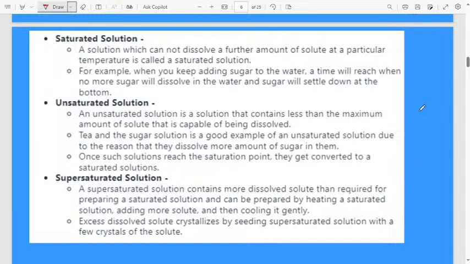Next, let us study in detail what is meant by saturated solution, unsaturated solution, and also supersaturated solution. Some of you don't know properly what is meant by these. That's why let us take a quick revision, because I am explaining fast as we don't have that much time to go slowly.